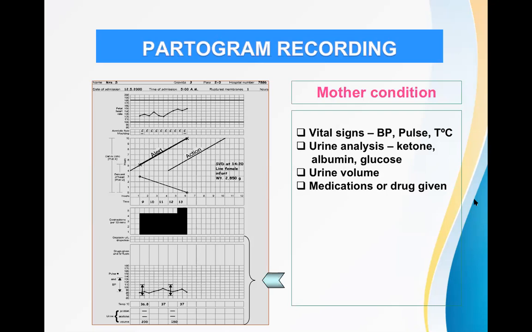But here, what we want to rule out is preeclamptic toxemia, or preeclampsia we say, where there is hypertension during pregnancy with proteinuria. This is known as preeclamptic toxemia. Let me write that term here.